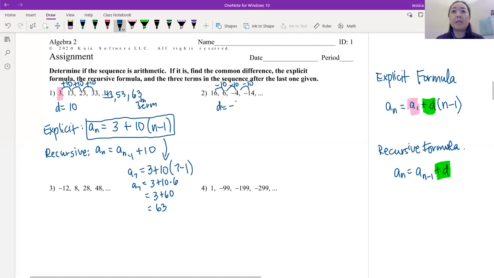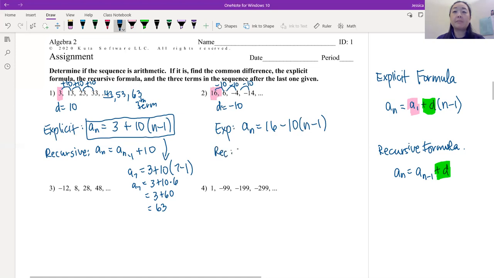So our D is going to be -10, and our explicit, I'm just going to write exp, is going to be a sub n is equal to, remember my first term is 16 right there. So 16 plus, or plus negative, so I'm just going to go minus 10 times (n minus 1).